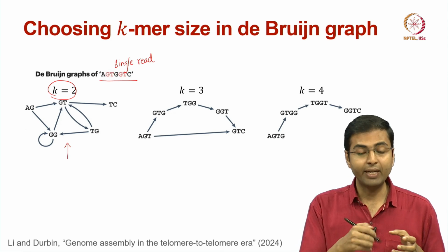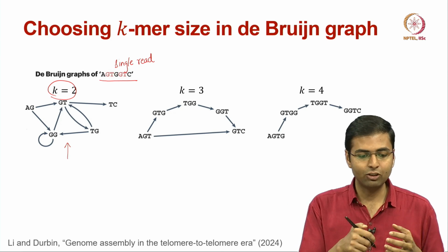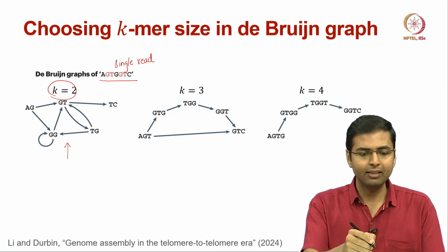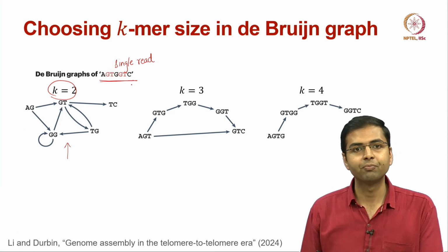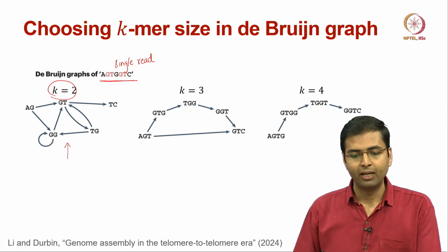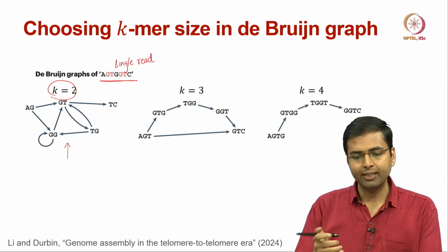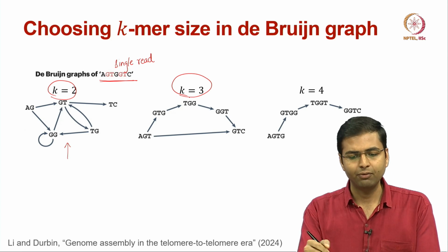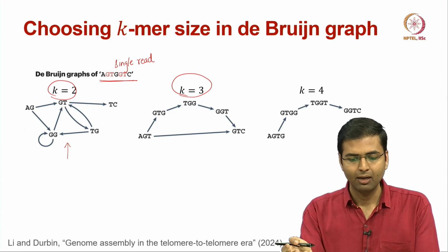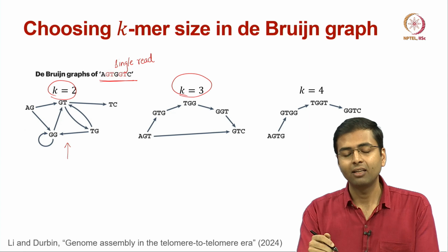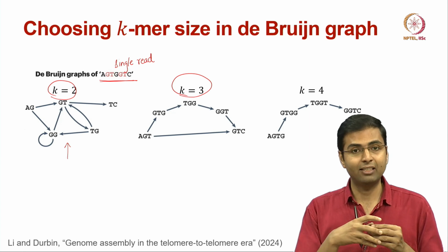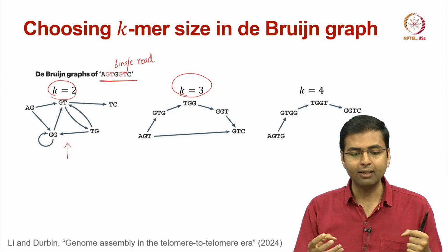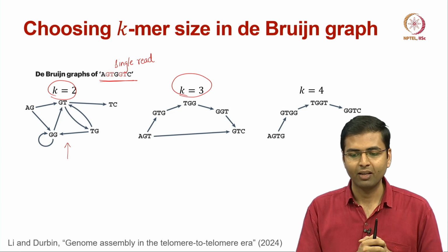So this graph is very much tangled and there is no clear path that we should choose for spelling the read sequence. If you further increase k by 1, that is if you use k equals 3, then the graph topology simplifies, but still we do not see a simple chain like topology where we can easily spell the read sequence.